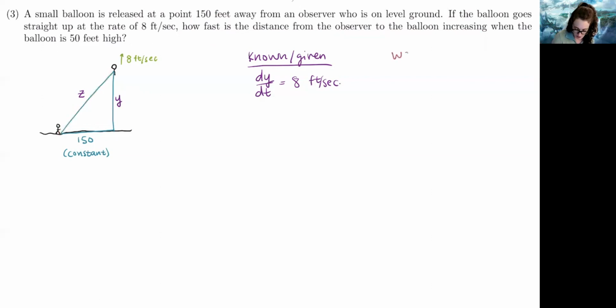Okay, so we want dz/dt. That's what we're looking for when the balloon is 50 feet high. So that's when this length, y, equals 50. At that point in time when y is 50.